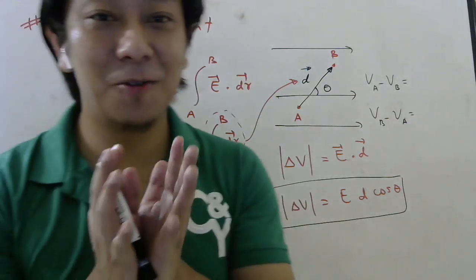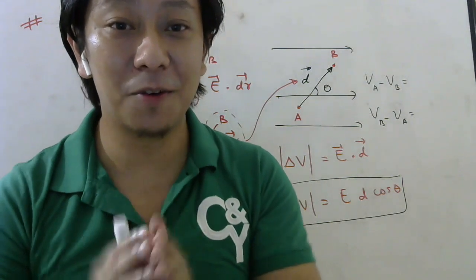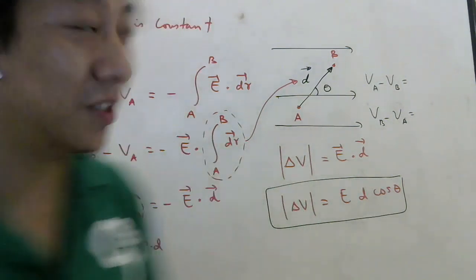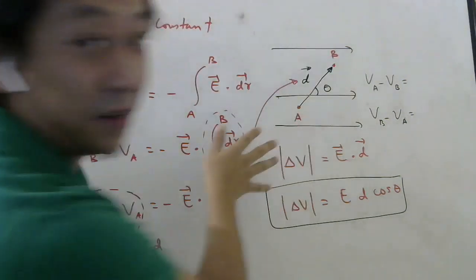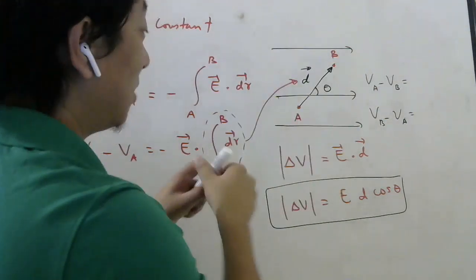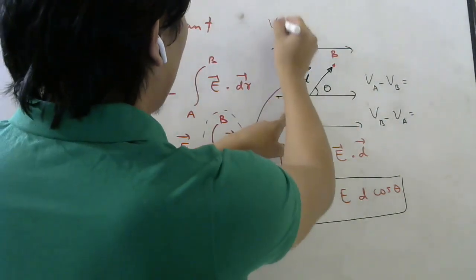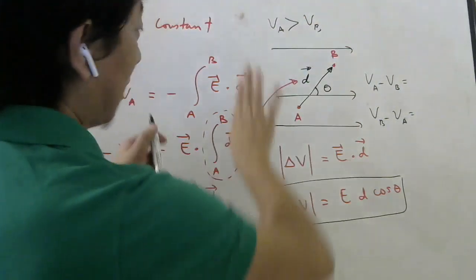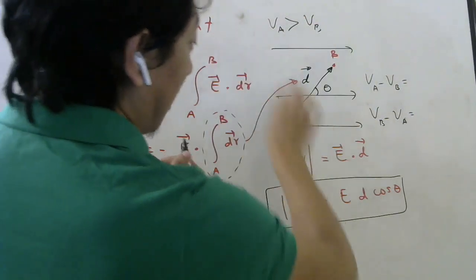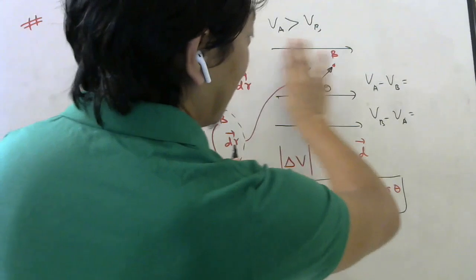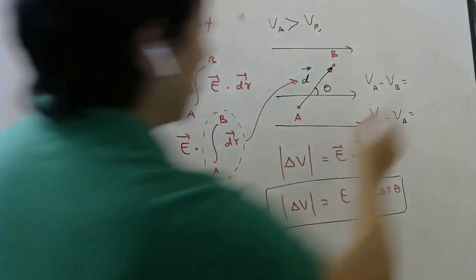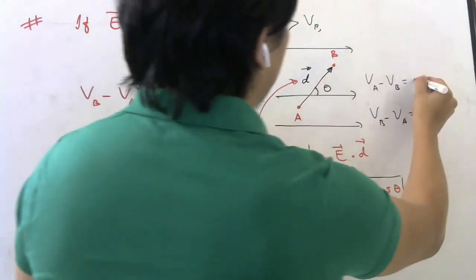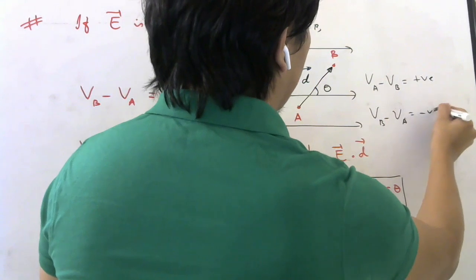How will you decide? What did I tell you? The electric field is from where to where? From higher potential to lower potential. See my direction of electric field. This way it is going. So it is very clear this potential should be higher than this potential. Because as I go like this, first I will touch A, then I will touch B. Understanding or not? So this will be positive and this will be negative.